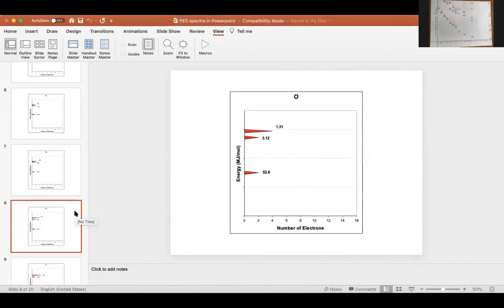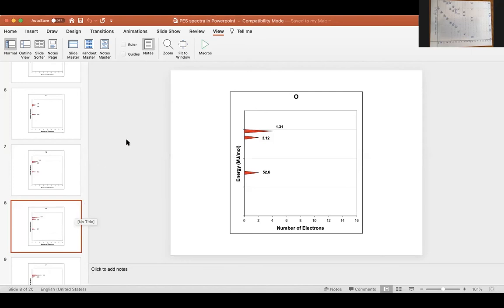Back at the energy graph, at the peaks, the top peak, the 1.31, is even further now. It goes all the way to 4 electrons. And then the other 2 peaks, the 3.12 and the 52.6, still go to 2. They're the exact same.